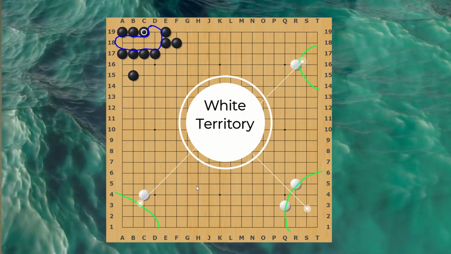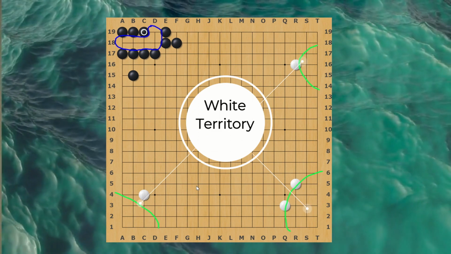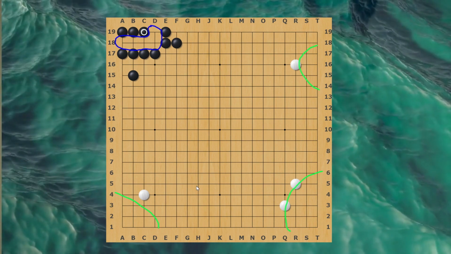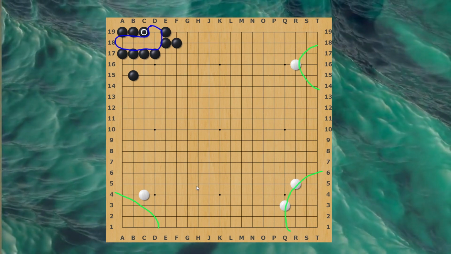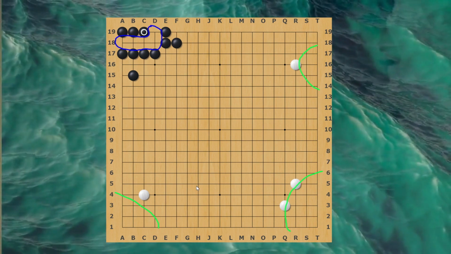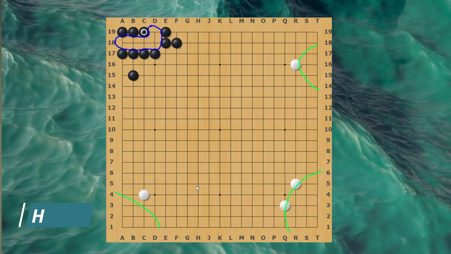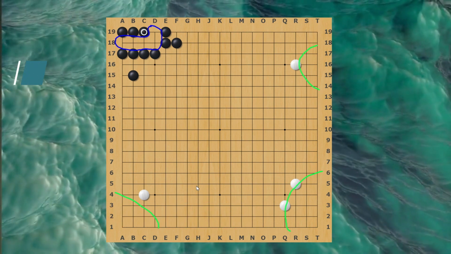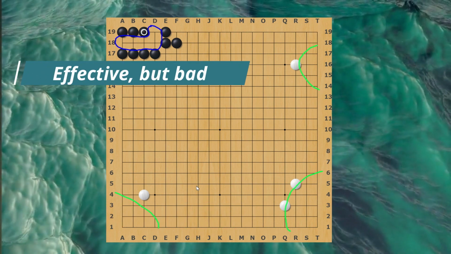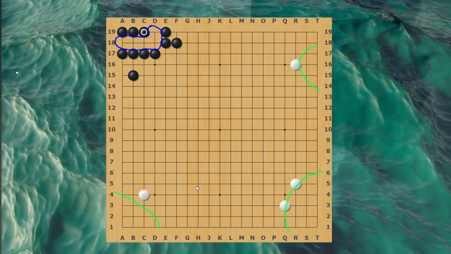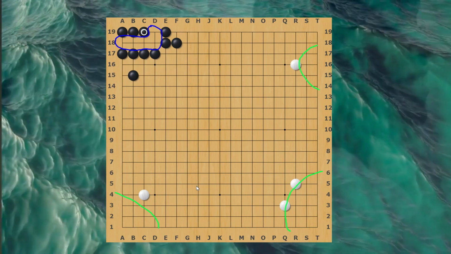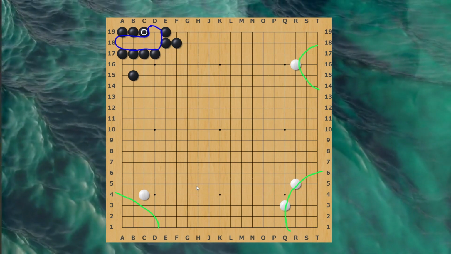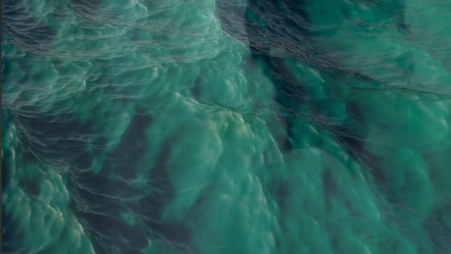So in terms of effective versus efficient, white is more efficient by saying, I used only these 4 stones, these 4 moves, and potentially I'm getting a lot more territory, a lot more points from this than black did with these 4 moves. Although they were very effective moves and killed the white stones, white is still way ahead in this game by just having these efficient usages and making more use out of each of the stones.